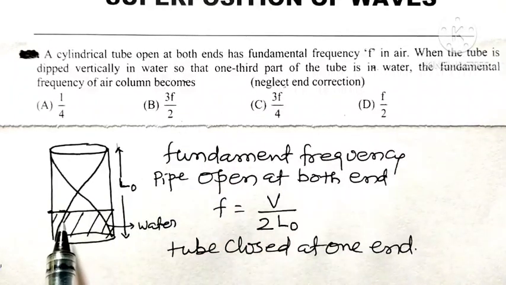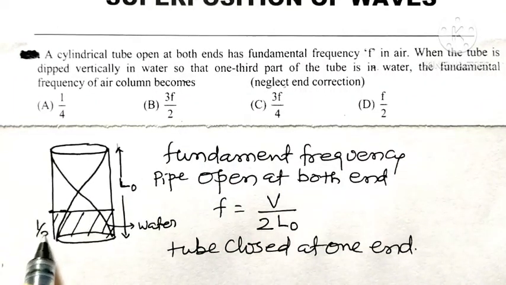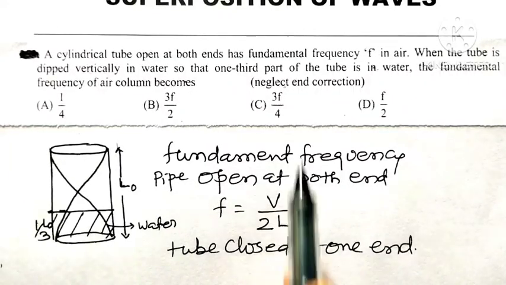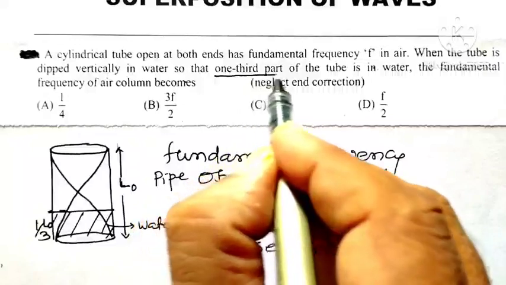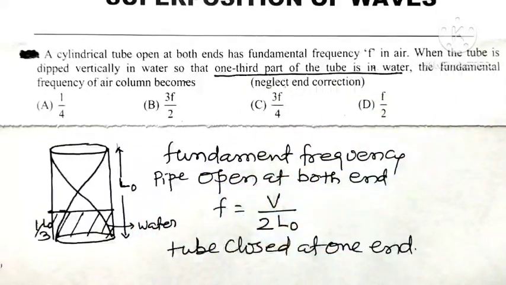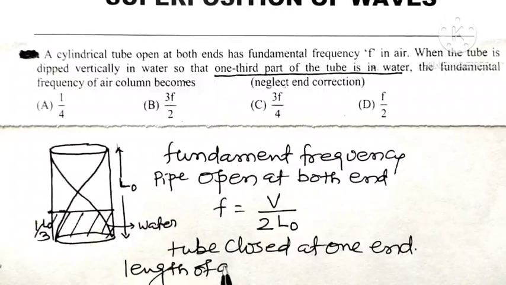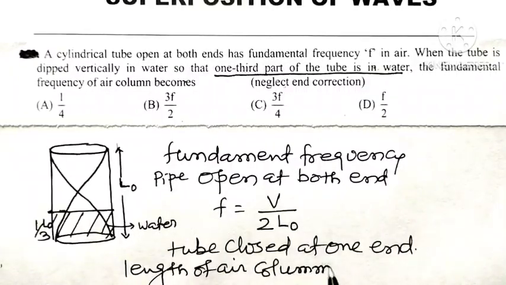Now when 1/3 part of the tube is in water, what is the length of air column that is left for the closed tube?